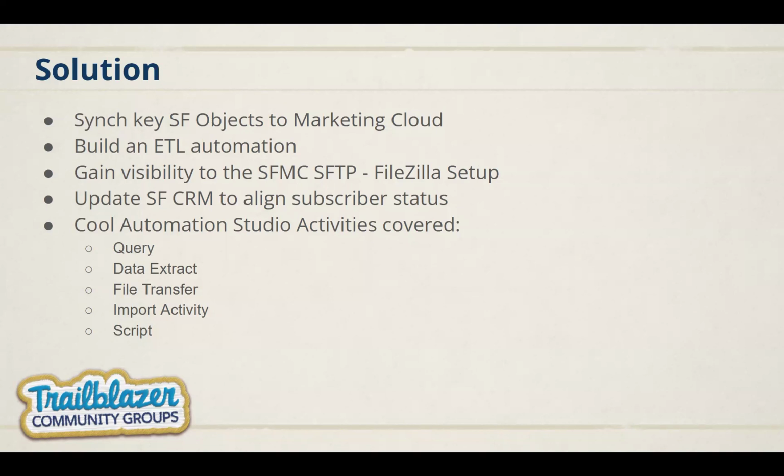Then, if we can get to it, we're going to try to do some updating of the Salesforce CRM environment as well. And we'll be covering Automation Studio activities: query, data extract, file transfer, import activity, and if we can get to it, scripts as well.